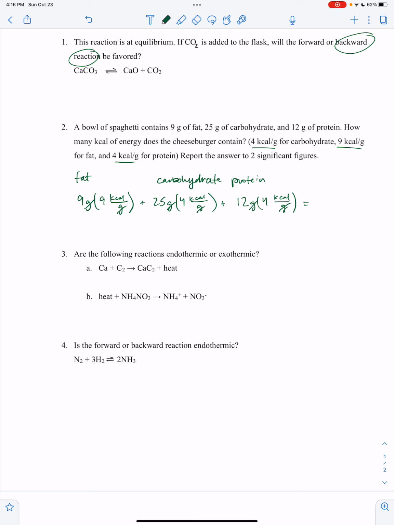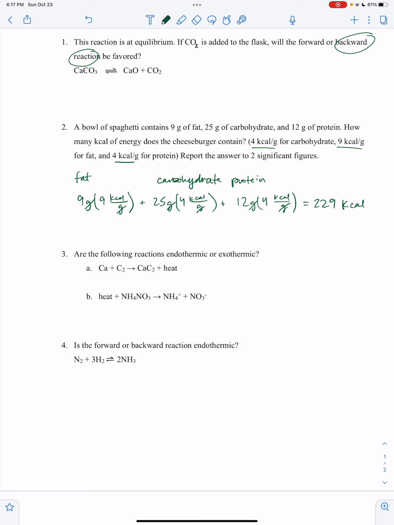And then all we have to do is multiply. So it's going to be 9 times 9 plus 25 times 4 plus 12 times 4. And that will equal 229 kilocalories.